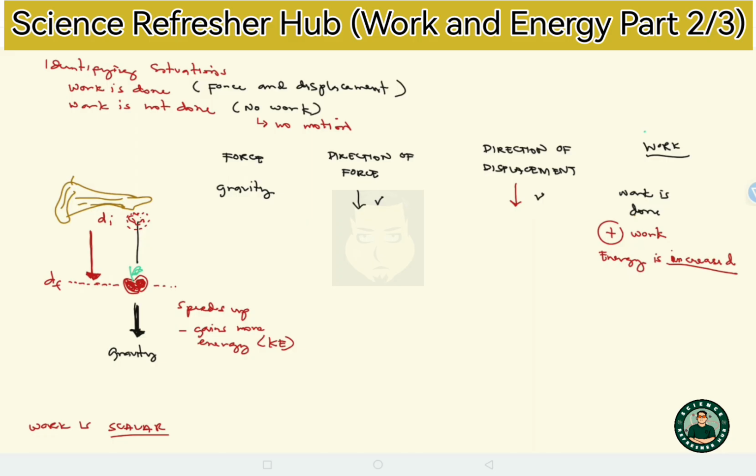We can say that gravity does positive work to the apple. Look at their direction, going down, going down. Same direction. If we have same directions of force and displacement, the work is positive.